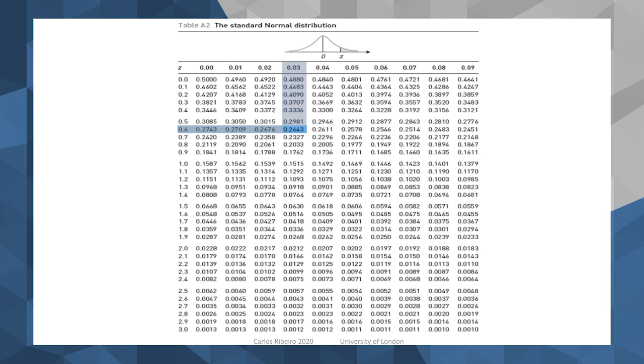And so what is below will be 1, which is the whole distribution, minus that value of 0.2643. So there would be 0.7357.